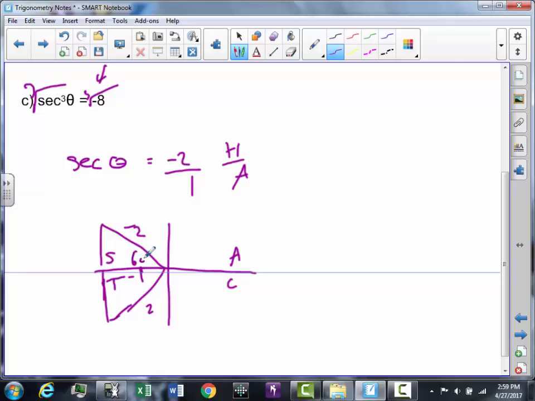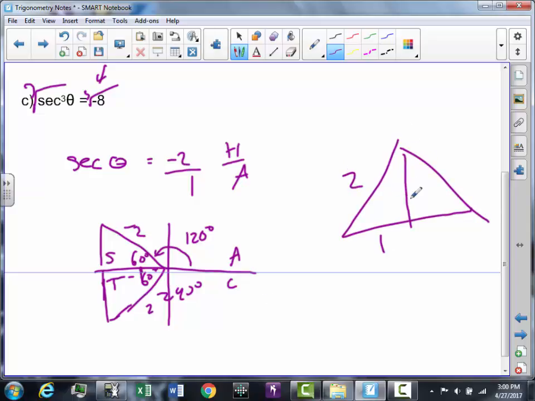I'm pretty sure there's a 60 degrees in there. I bet you that's 120. I bet you that's 240. And I might just be able to figure that out by knowing my triangle stuff, which may just be faster than graphing it. Not that there's anything wrong with graphing it. Gotta double check. 1, 2, root 3. Yeah, 60 degrees is the one between the 1 and the 2.